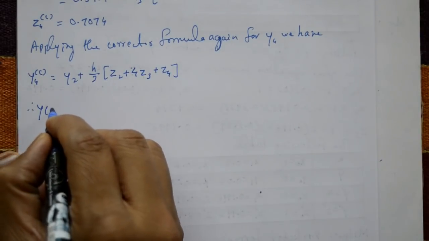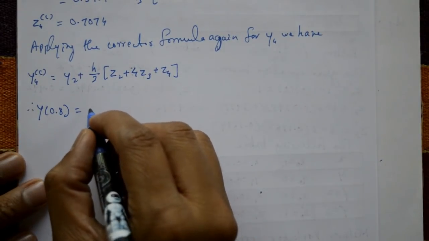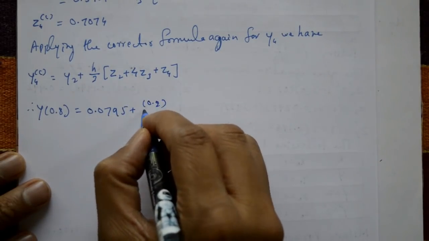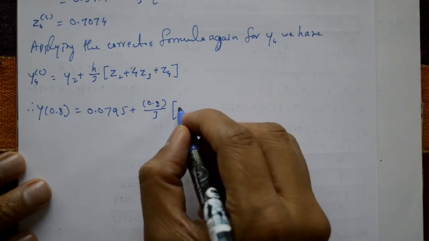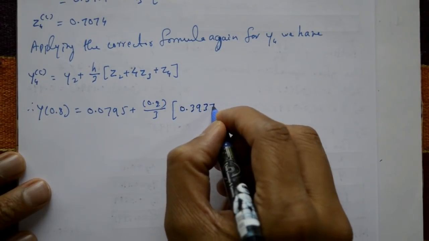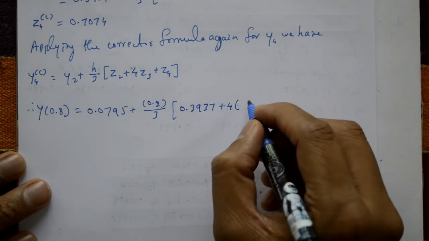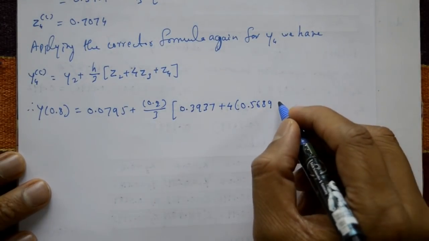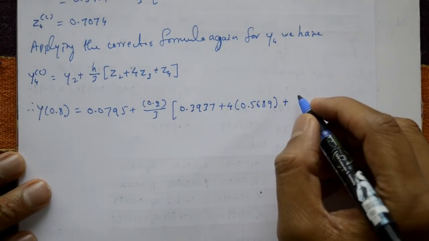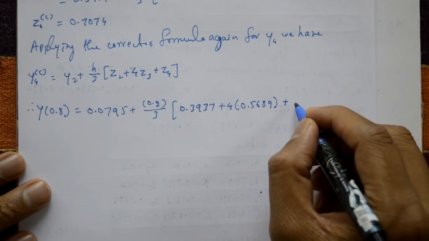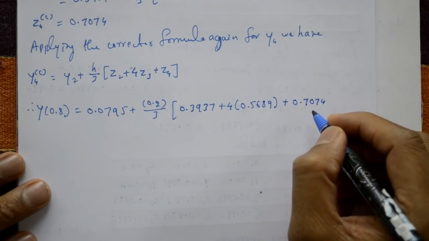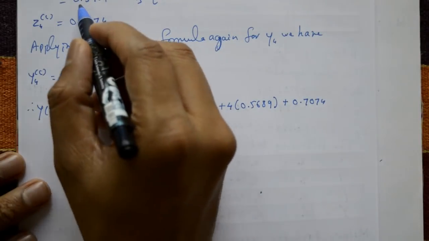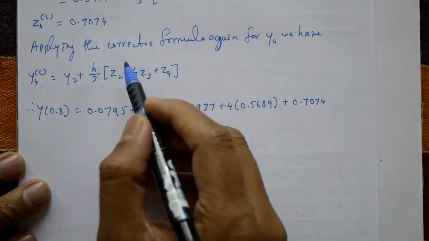That means y of 0.8 is equal to y2 value 0.0795 plus h divided by 3 into the z2 value 0.3937 plus 4 into the z3 value 0.5689 plus this value 0.7074. Here the z4 value is the corrector formula value, not the predictor formula value.